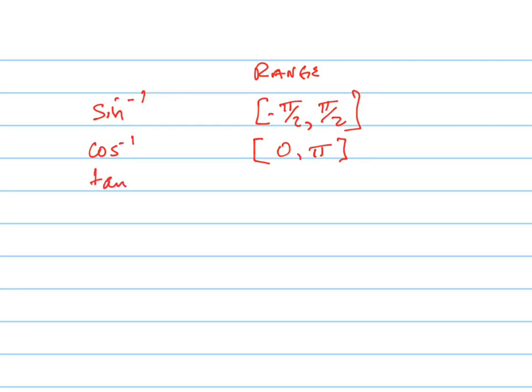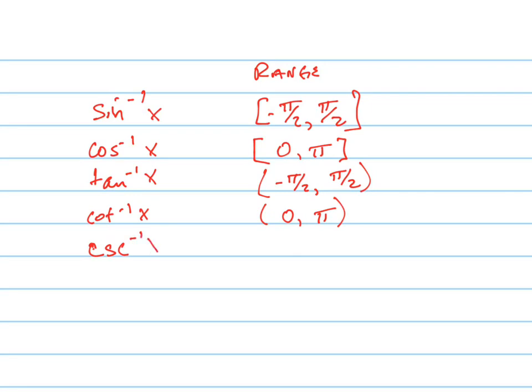The tan inverse function of x is from negative pi over 2, not including, because it's not defined, to positive pi over 2. And the cotan inverse of x is going to be from 0 to pi, not inclusive, for the same reason as the tangent.